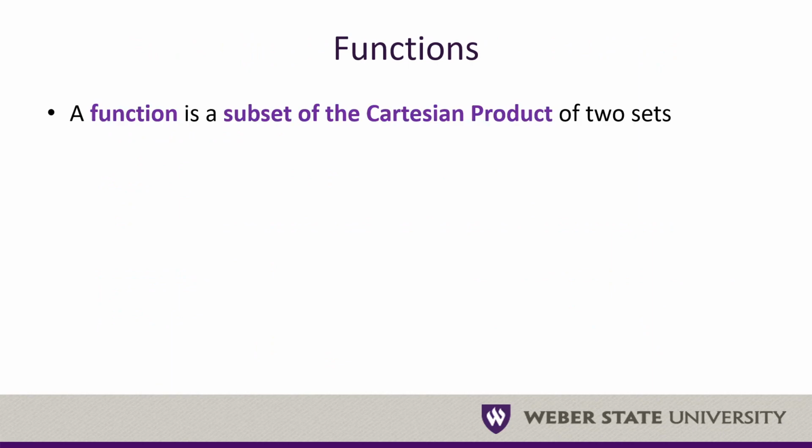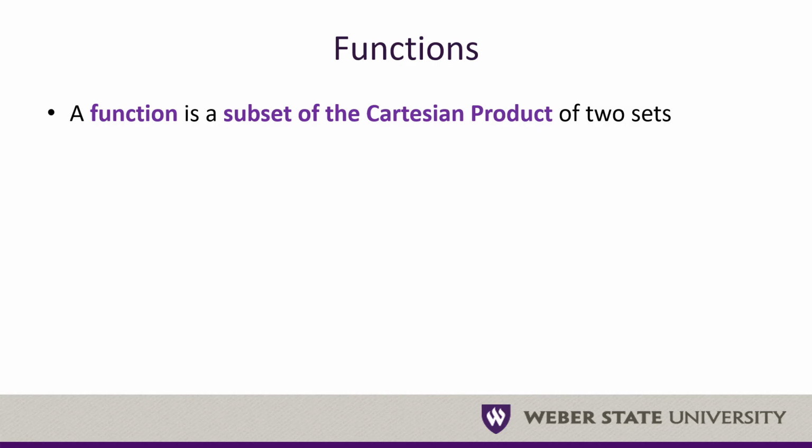Function then, since we've been talking about sets and Cartesian products, a function is a subset of the Cartesian product of two sets. What does that mean? If I have two sets, what do I have for the function? A two-tuple, which we also call ordered pairs. A function is defined by the ordered pairs, that one value produces another value.